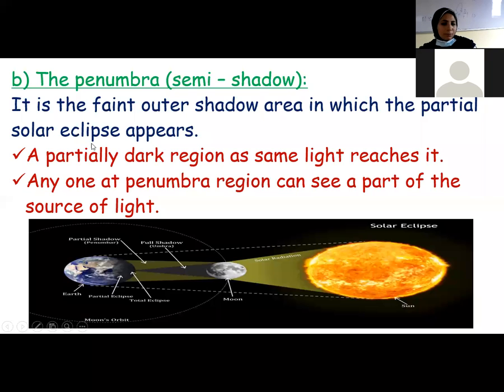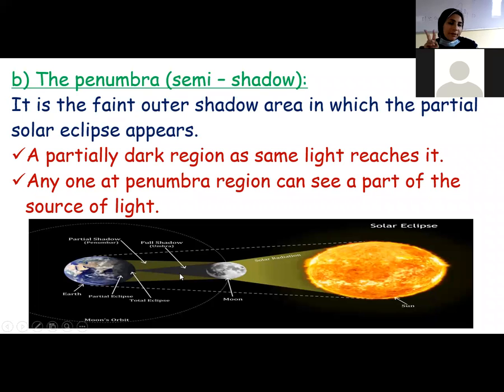These are partially dark regions, as some light reaches them. Anyone in the penumbra shadow can see a part of the sunlight or the sun, and cannot see the other part. So in the penumbra shadow, the partial solar eclipse happens.